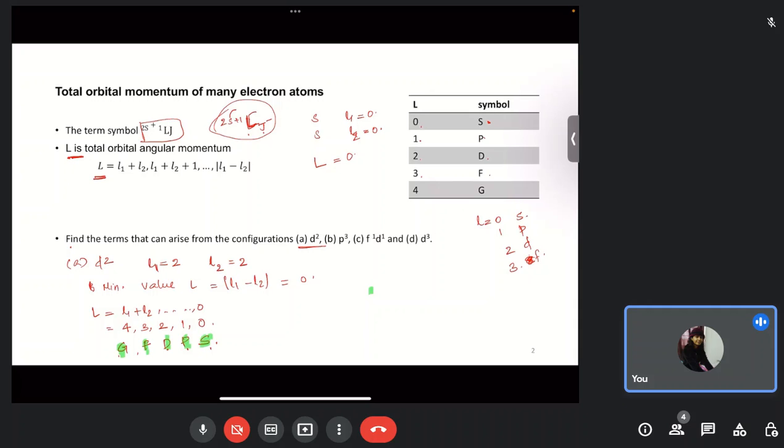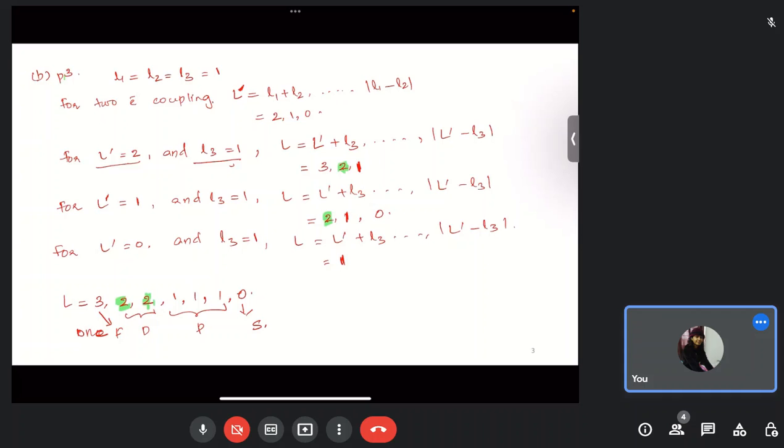So for example, for p2 we can have different L values ranging from 4, 3, 2, 1 and 0. And when you have more than two electrons, first you have to consider the coupling of two electrons.